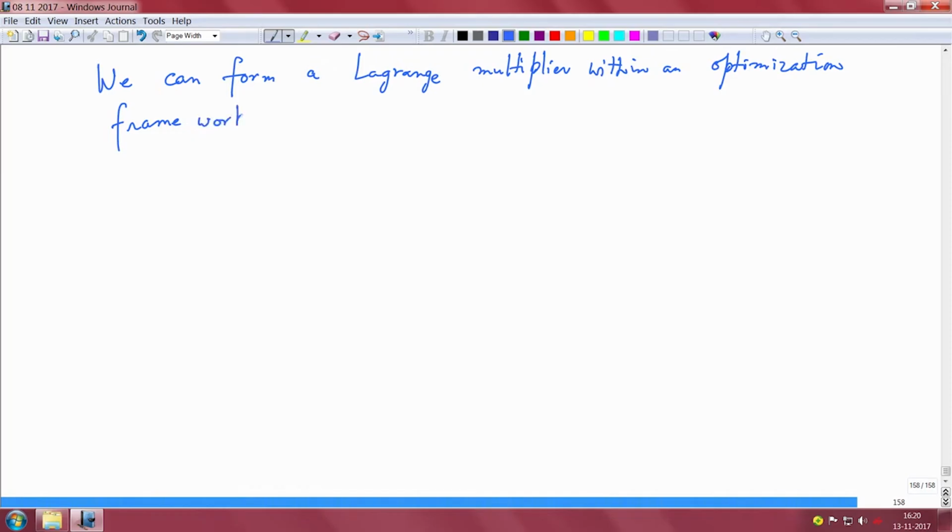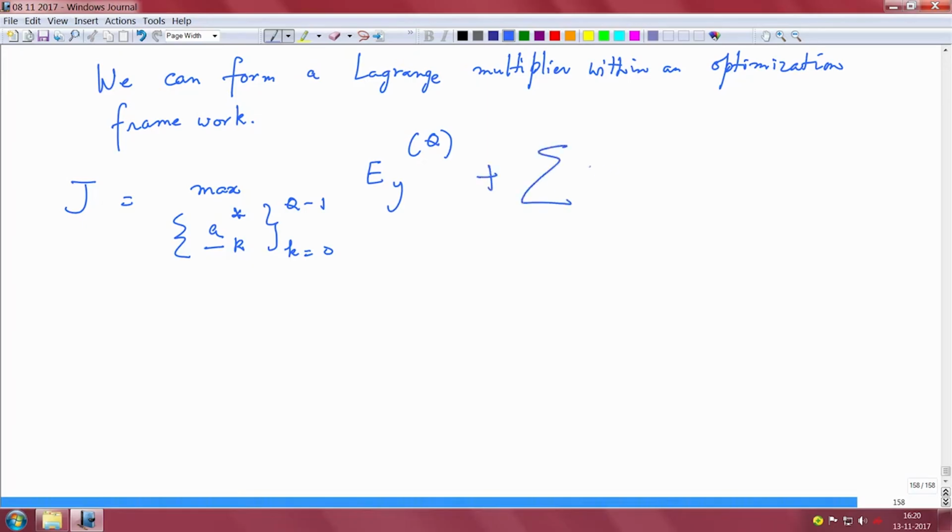Let us see how we can do this. Now, J is maximize over A k conjugate, k equals 0 to q minus 1, of Ey of q, subject to the condition that this is 0.